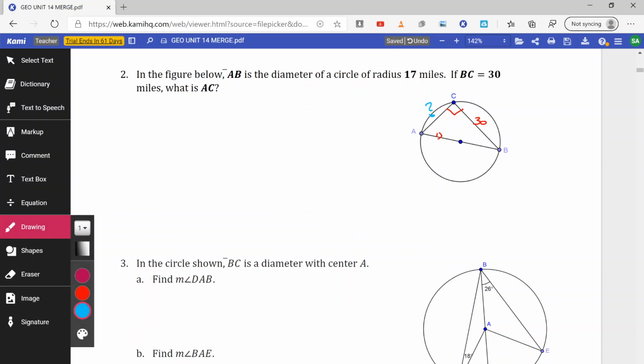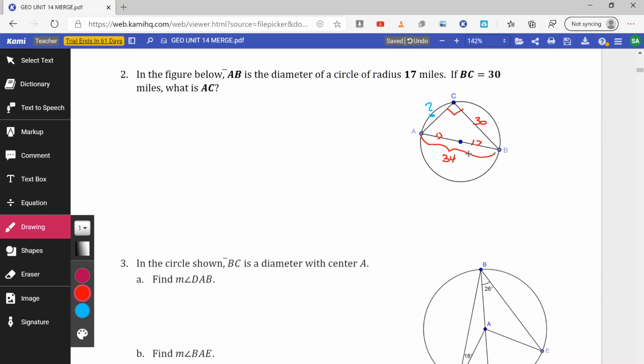So if A to the center is 17, then the center to B being a radius is also going to be the same measure. So 17, 17. So we can say the whole way from A to B is going to be 34. So here we can use the Pythagorean theorem.